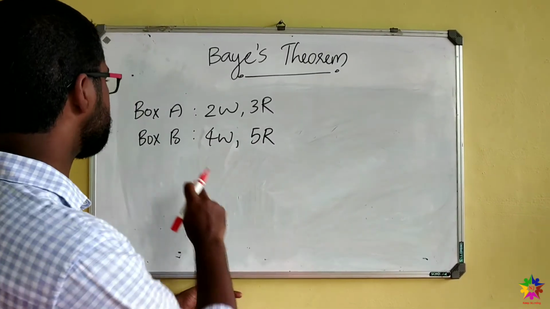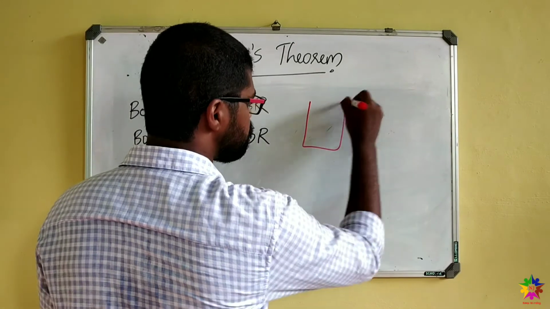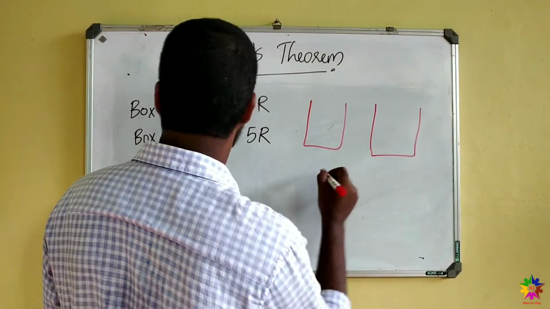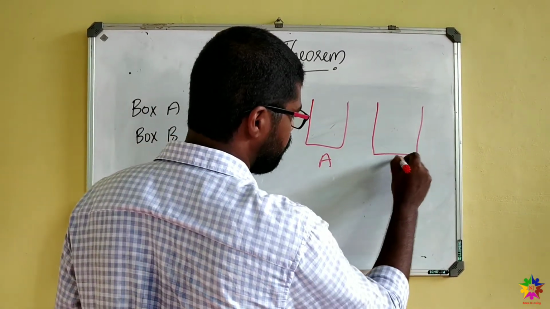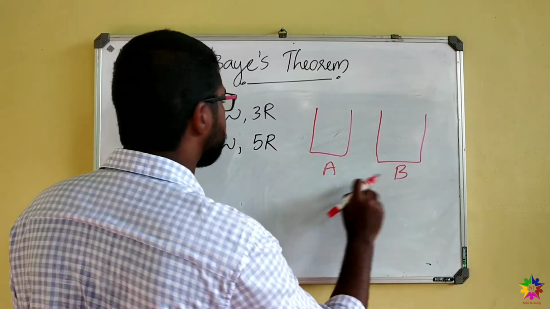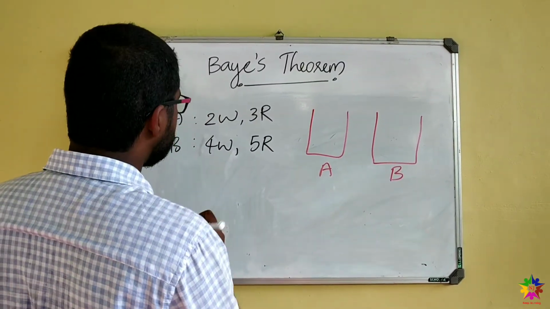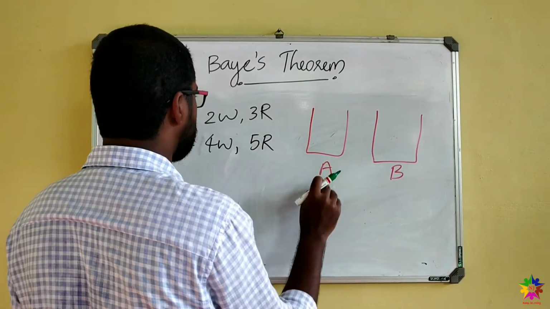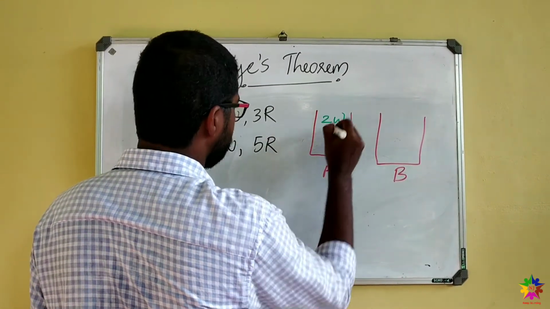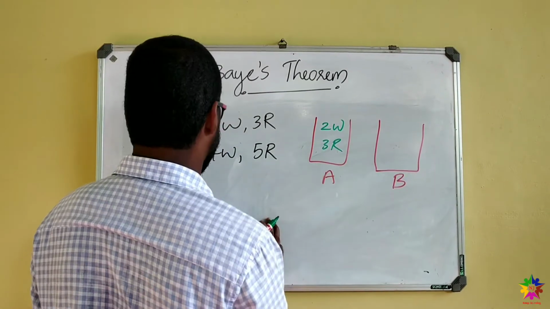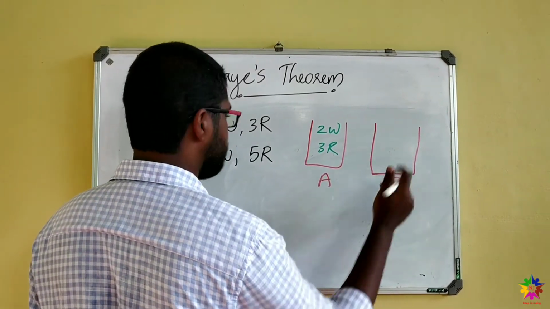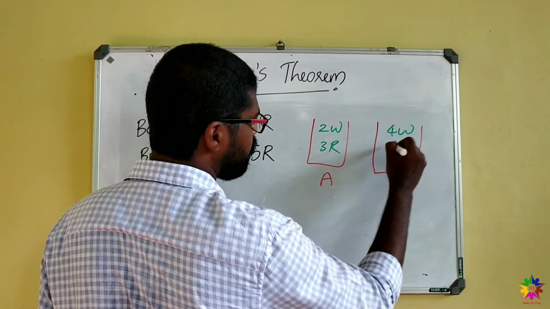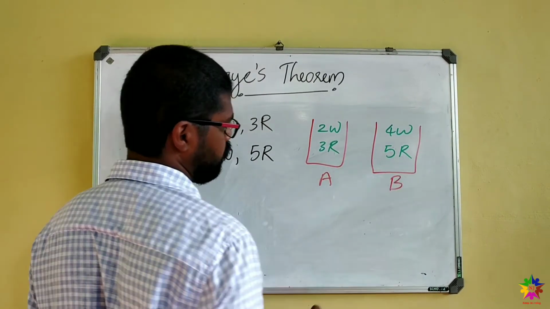From the question, there are 2 boxes, box A and box B. There are 5 balls in box A, that is 2 white and 3 red, and there are 9 balls in box B, that is 4 white and 5 red.